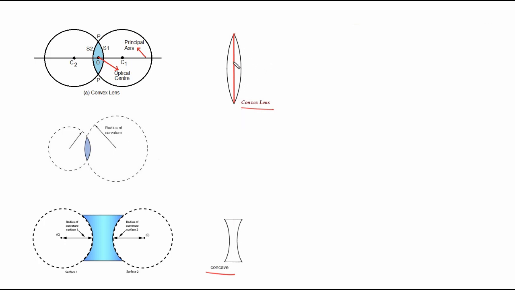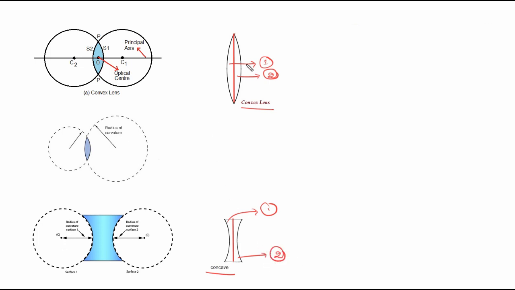I can consider this as one spherical surface and this as the second spherical surface. Similarly, in a concave lens also there is a combination of two spherical surfaces. This is one spherical surface and this is another spherical surface.